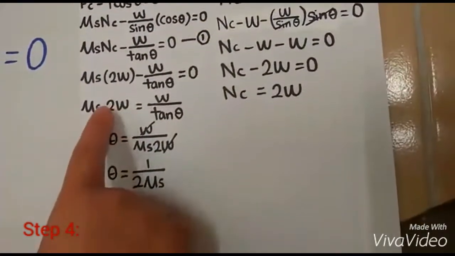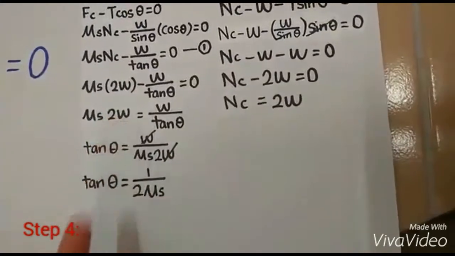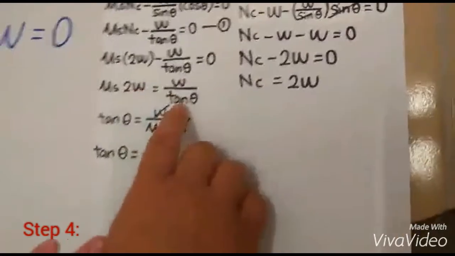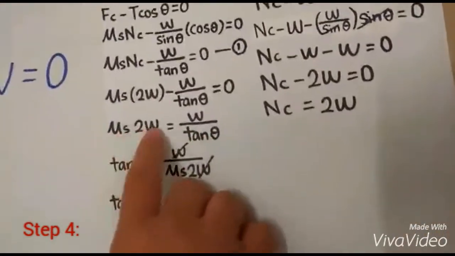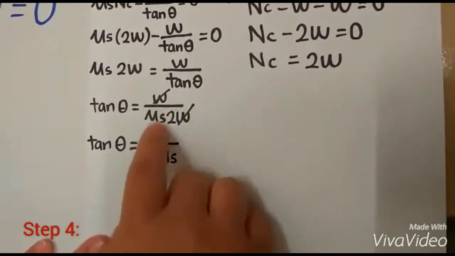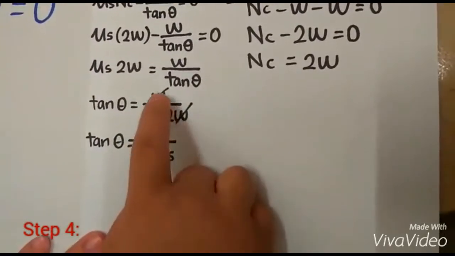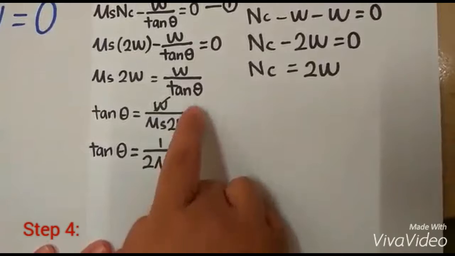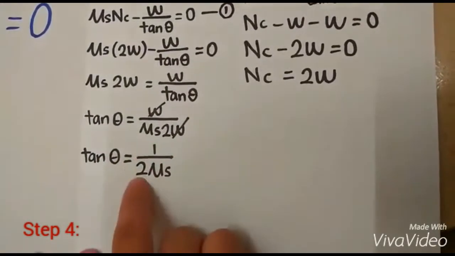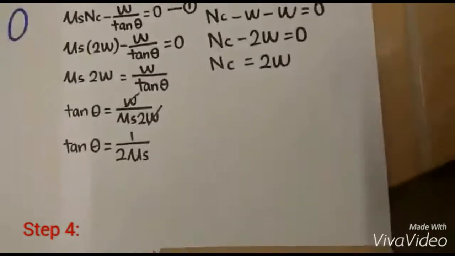We only switch the place between the tangent theta and the mu S 2W. So tangent theta equals W divided by mu S 2W. When W and W cancel, tangent theta equals 1 over 2 mu S.